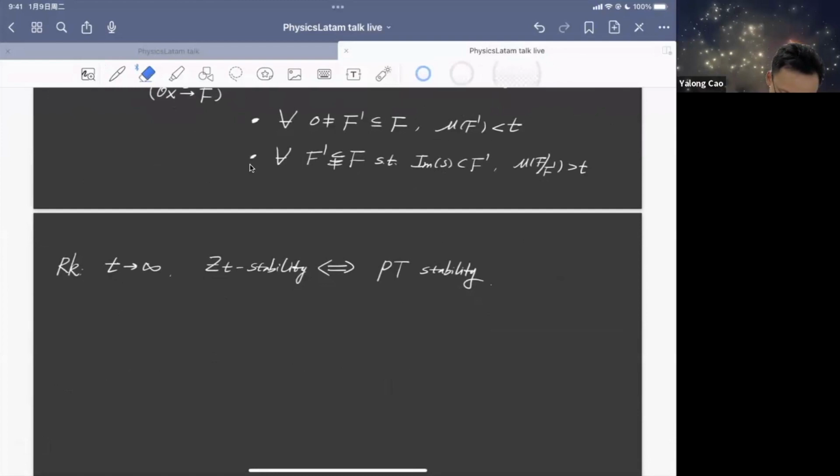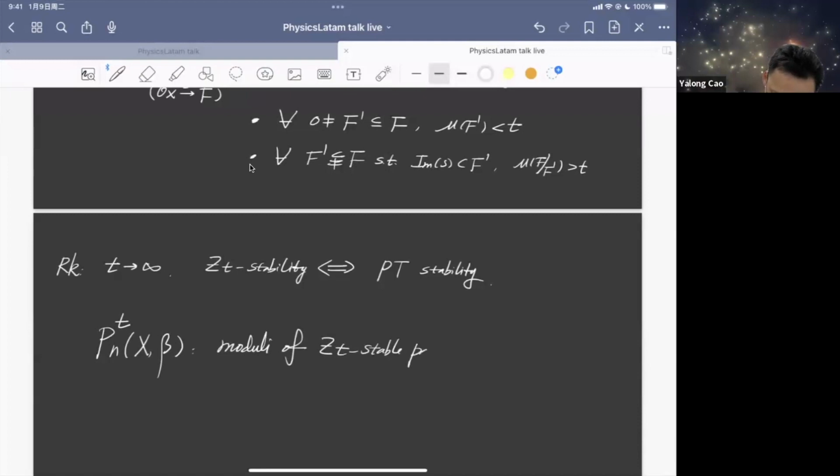Now remember in the PT stable pair case, we used P_n(X, beta) as notation. So we now introduce P_n^t(X, beta). This is a similar moduli space, the moduli of Z_t stable pairs, such pairs F and s, with the numerical condition that F has curve class beta and chi is n.